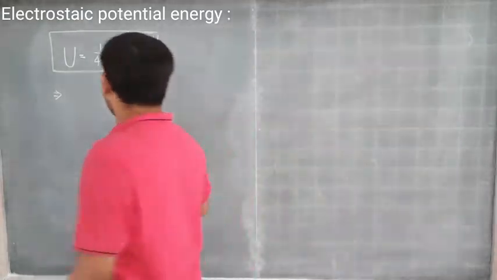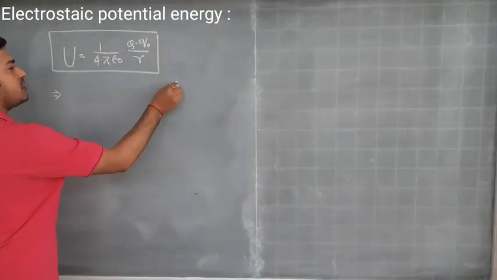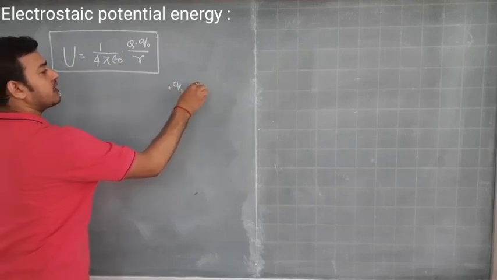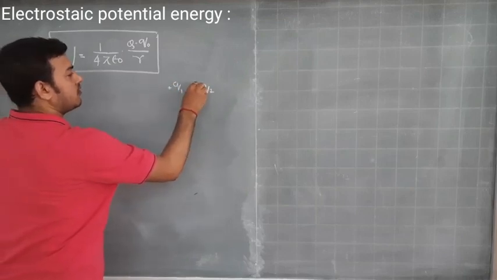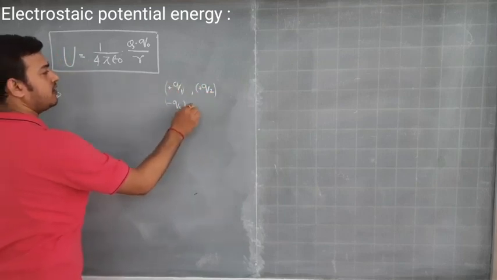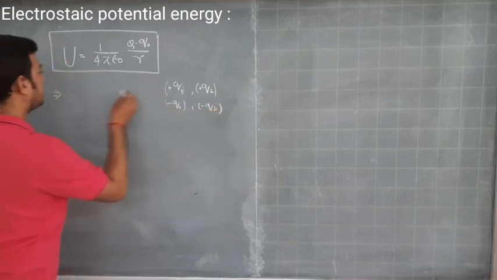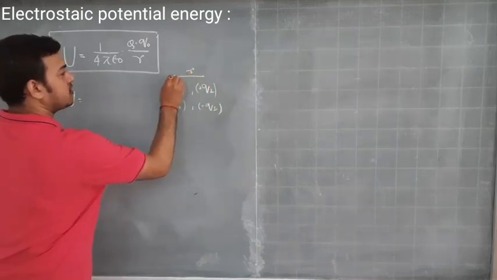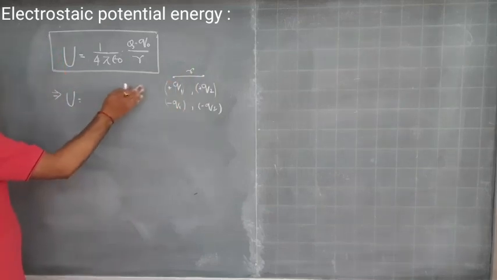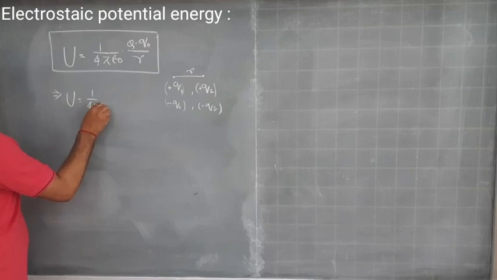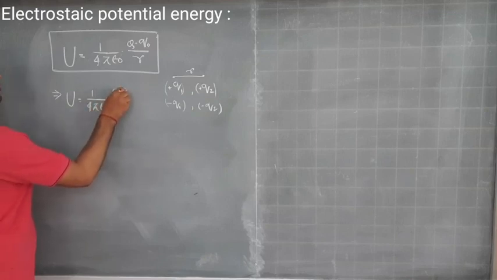For example, if I take one charge q1 that is positive, and the second charge q2 is also positive, or you can say a pair of negative charges, and these two charges are placed at a distance of r, the electrostatic potential energy of the system will be 1 by 4 pi epsilon naught q1 q2 by r.